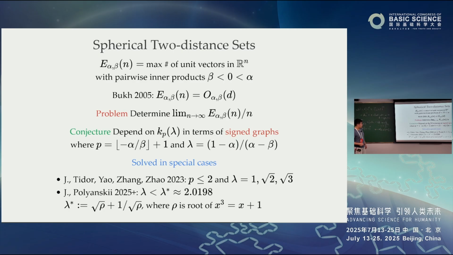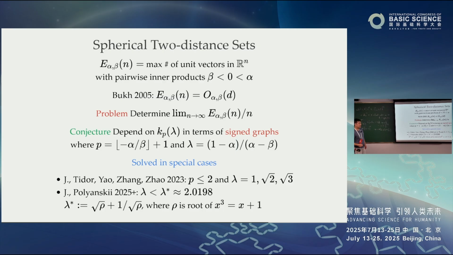And the second result, with Polyanskii, is to show that whenever this lambda is less than lambda star, which is about 2.0198. To be specific, lambda star is root rho plus 1 over root rho, where rho is something known, if you look at Wikipedia, called the plastic ratio.